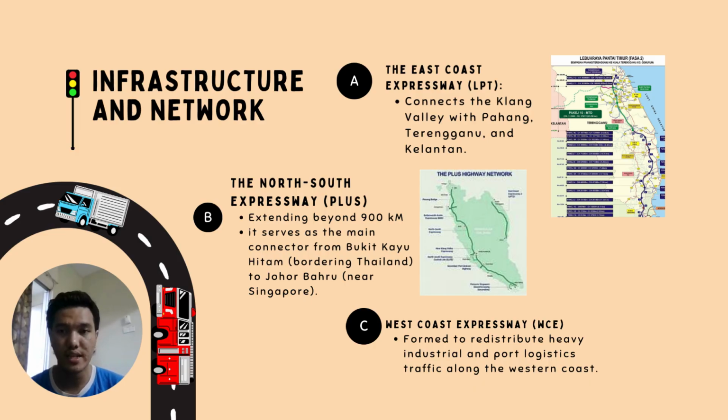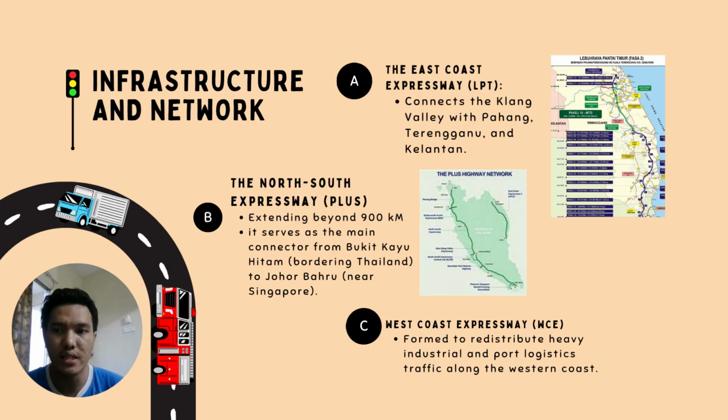Malaysia's economic success is backed by massive road infrastructure networks. First, we have the North-South Expressway, also known as PLUS. Stretching over 900 kilometers, it acts as our main vertical corridor, connecting Bukit Kayu Hitam at the Thai border all the way down to Johor Bahru next to Singapore.